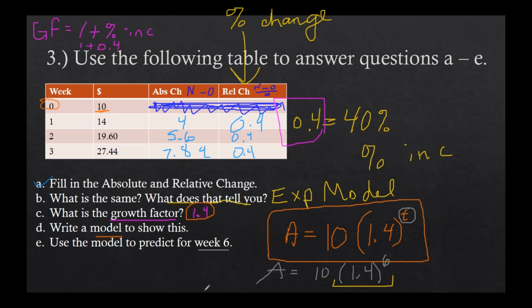And what is our amount for week 6? $75.30. Yep. Just like with linears, the purpose of these models is to predict the future, savings, expenditures, whatever this is showing. Any questions about this problem?